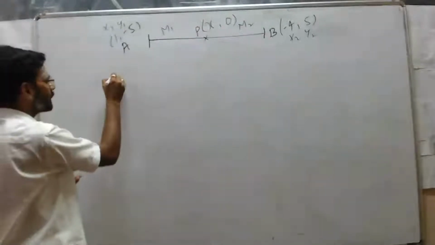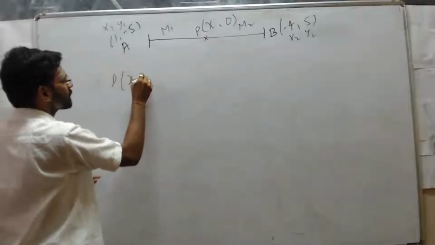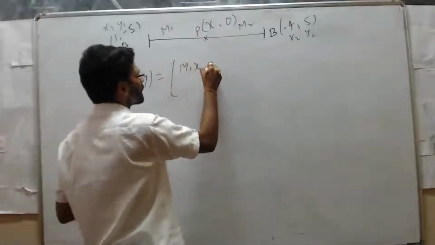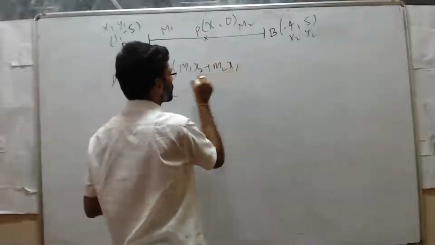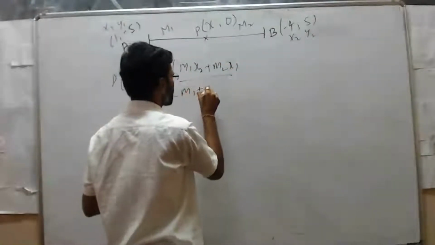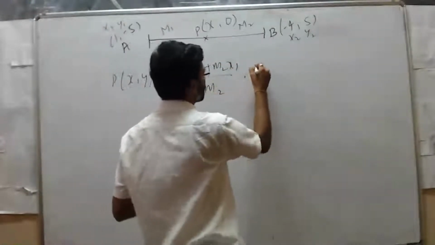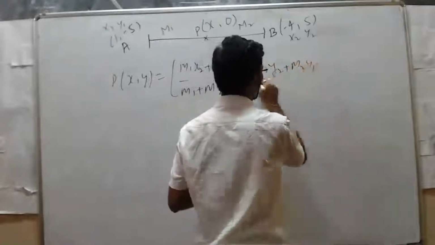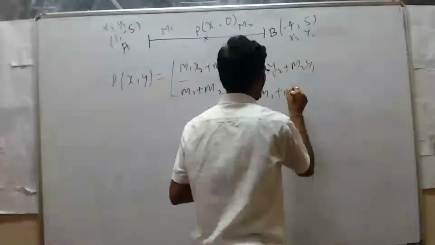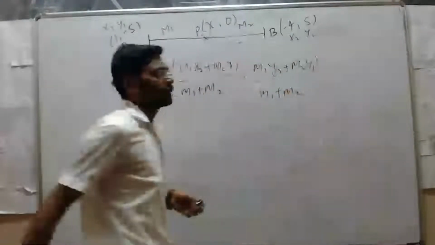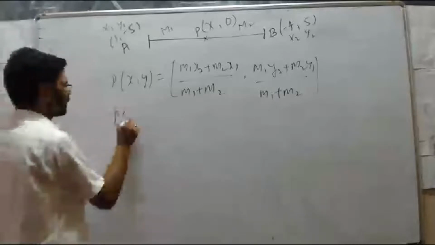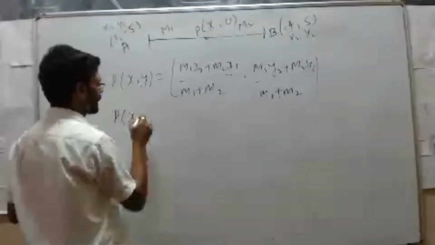Then the coordinates of P, x comma y, are equal to m1 into x2 plus m2 into x1 divided by m1 plus m2, comma m1 into y2 plus m2 into y1 divided by m1 plus m2. Therefore, P of x as it is.